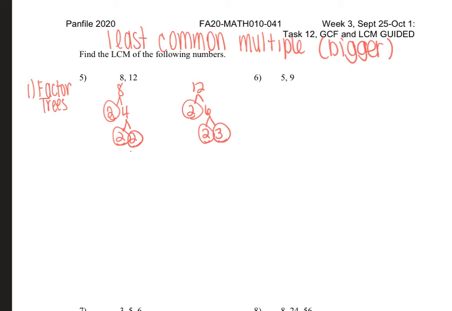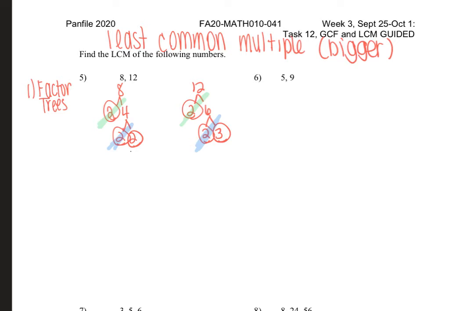Okay, so what we want to do is create pairs. Here's a pair, here's a pair, and we have no more pairs. So basically we want to couple off who we can couple off, and then we want the singletons to hang out with the couples.